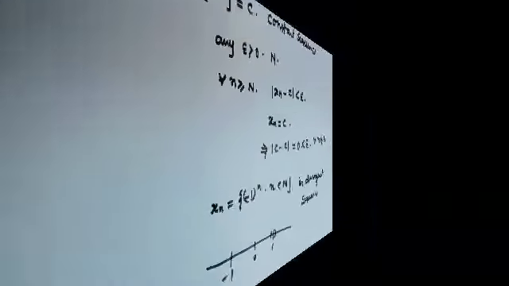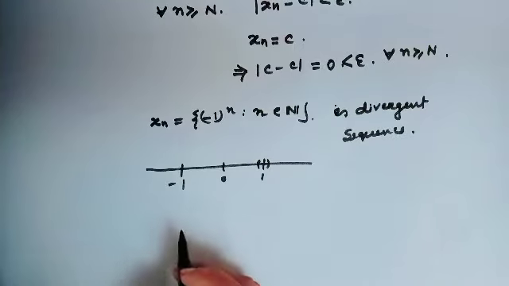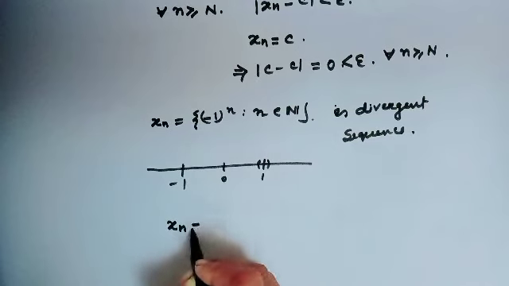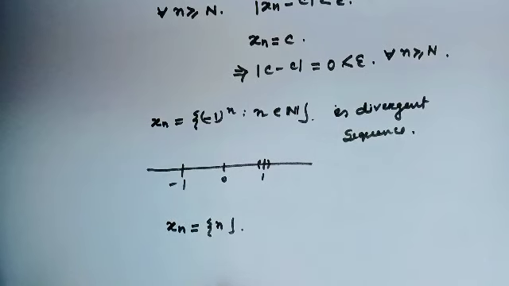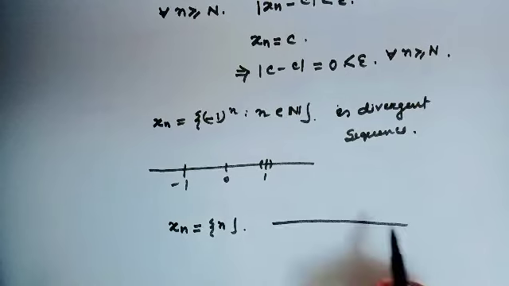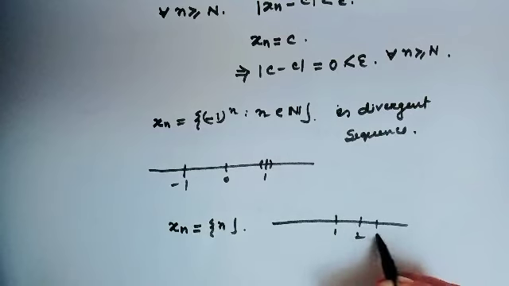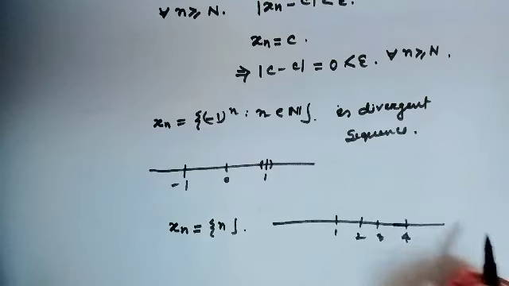Okay, right. Let's see another example. xn equal to n, where n belongs to natural numbers. Does the sequence converge? Well, let's see the picture. The sequence looks like 1, 2, 3, 4, and so on.